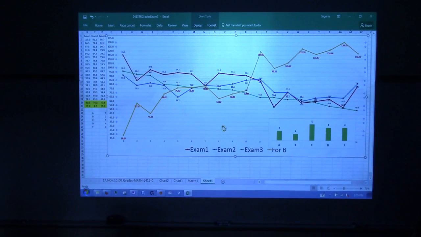It's not a big group, but obviously I'm concerned about this group that's, if passing is 70 right here, then there's a group that hasn't passed a test yet, so it's going to be difficult to pass the course if you haven't passed a test. But is it possible? Yeah, it's possible.